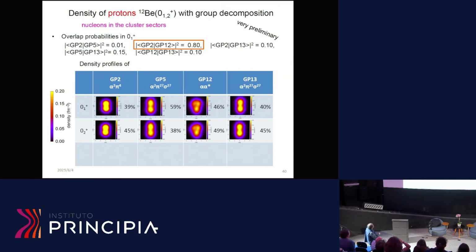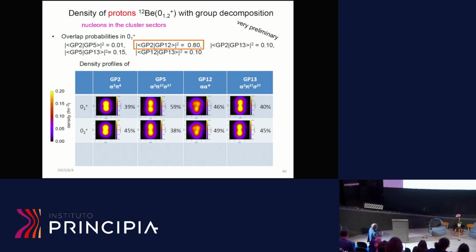And by doing this kind of analysis, you can look at the decomposition of the density profile into different groups. So GP5, that is the most important group, is like this. So 2 alpha clusters, and if you look at the excess neutron distribution, it's usually like this kind of thing.